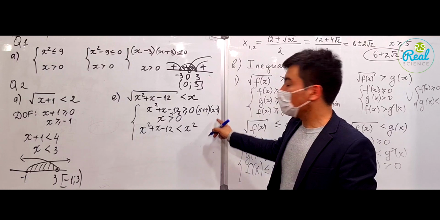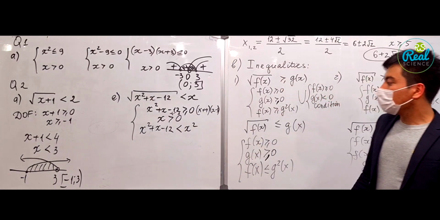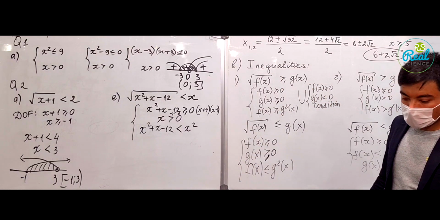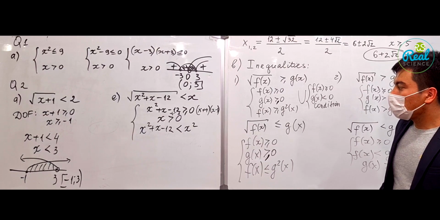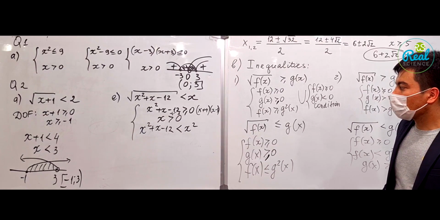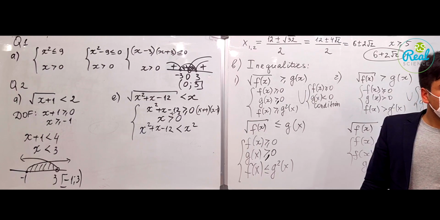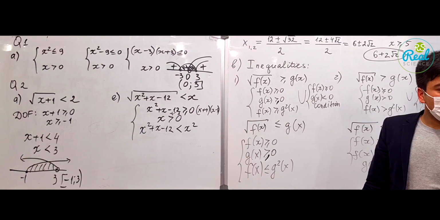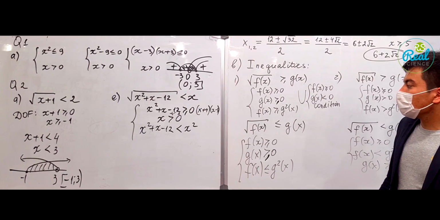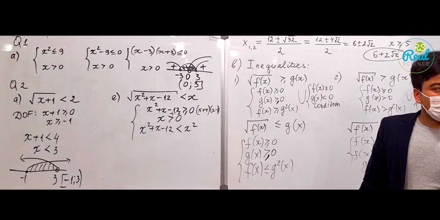We have x with a positive sign, with plus, yes? And our factors are minus 4 and 3. If we add them, x will be with negative signs. Minus 4 plus 3 is minus 1. But x is with a plus, I mean.